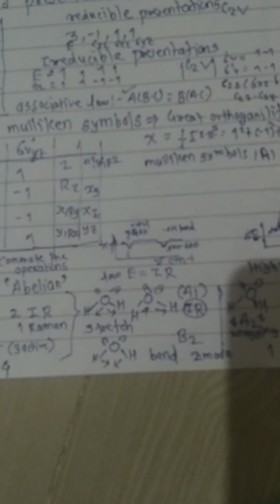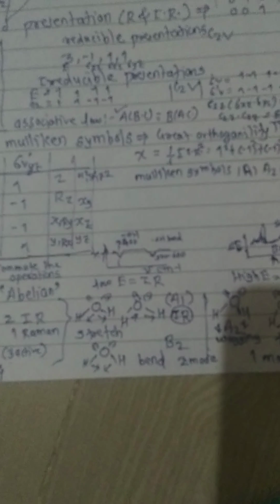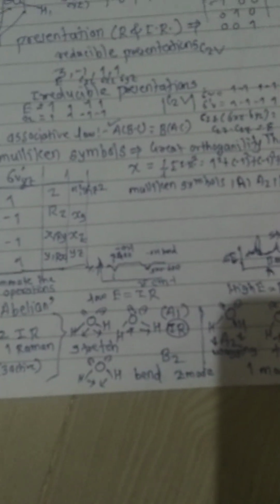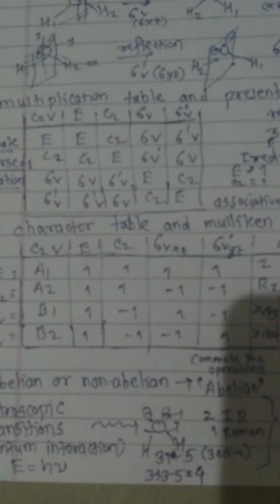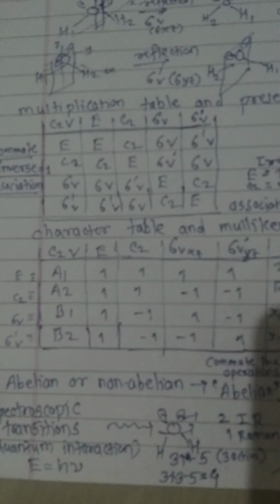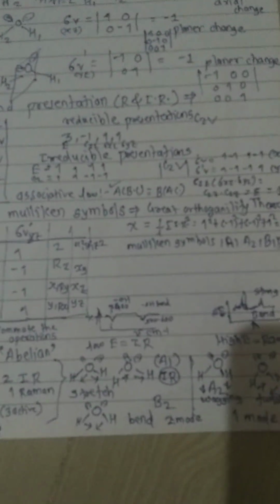Let's see here. When stretching takes place in the water, when radiation interacts with low energy IR energy, the water shows symmetric or asymmetric stretching. For that, the A1 Mulliken symbol is represented in the character table, meaning all the values of the symmetry elements are 1, 1, 1, 1, irreducible representation A1.